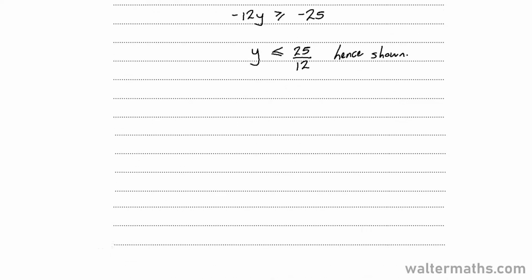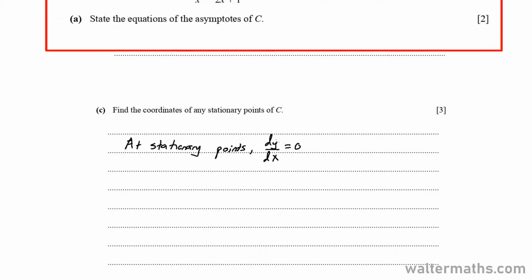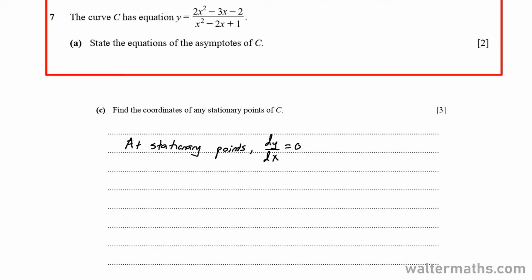Let's go on to part C. On part C, the question goes, find the coordinates of any stationary points of C. Now, we know that at the stationary points, dy by dx is equal to 0. So we're going to differentiate the equation of the curve here. I'm going to take the denominator, which is x squared minus 2x plus 1, and I'll multiply that with the derivative of the numerator, which happens to be 4x minus 3.